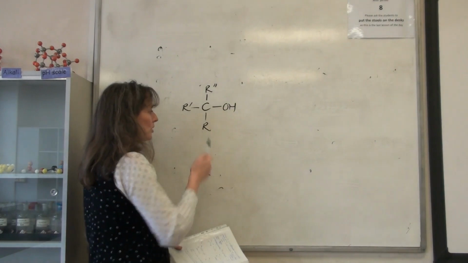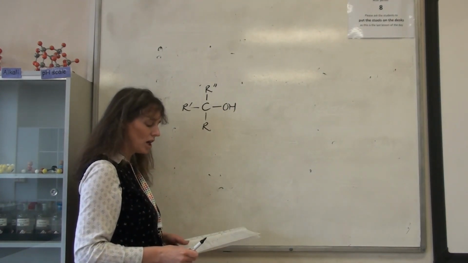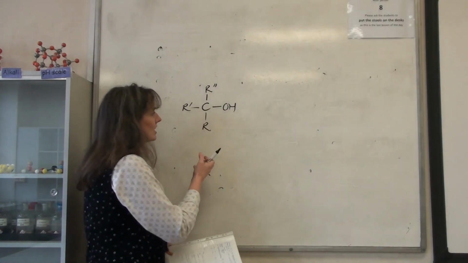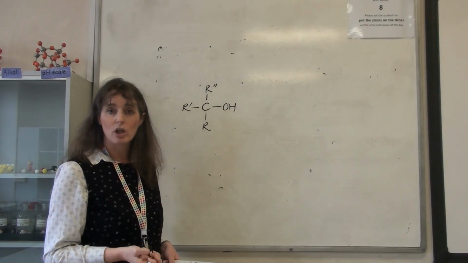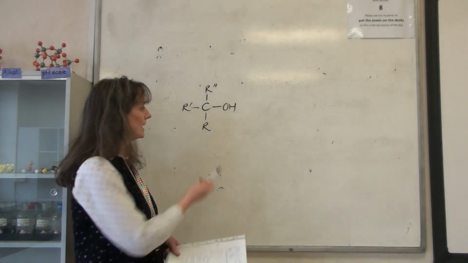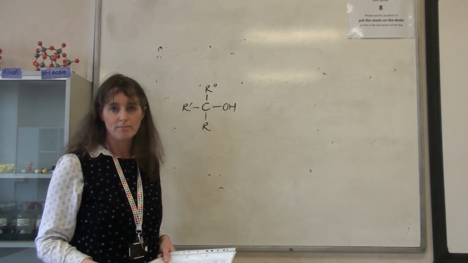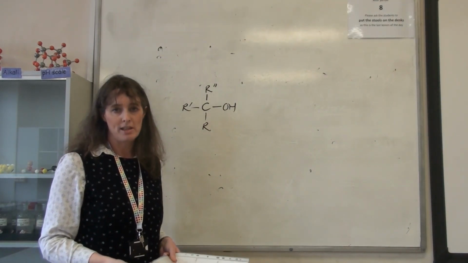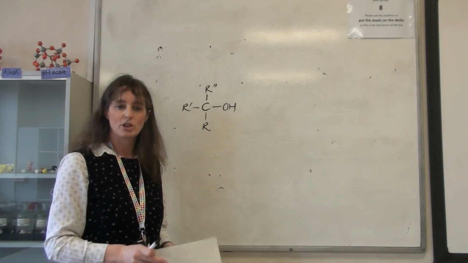We would have to break off one of those carbon containing groups, one of those R groups. So the reason that we would give if we were asked why tertiary alcohols don't further oxidise is that that reaction would require a strong carbon-to-carbon bond to be broken. And that energy is not going to be there. It is not going to be energetically favourable for that to happen.